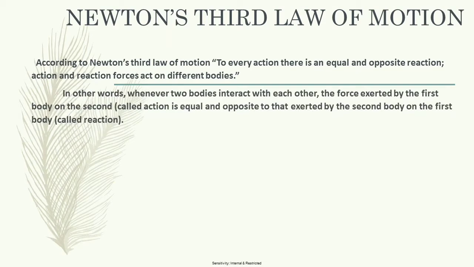In other words, whenever two bodies interact with each other, the force exerted by the first body on the second body is called the action force, which is equal and opposite to that exerted by the second body on the first body, called the reaction force. In an action-reaction pair of forces, either one may be called the action and the other will be the reaction.